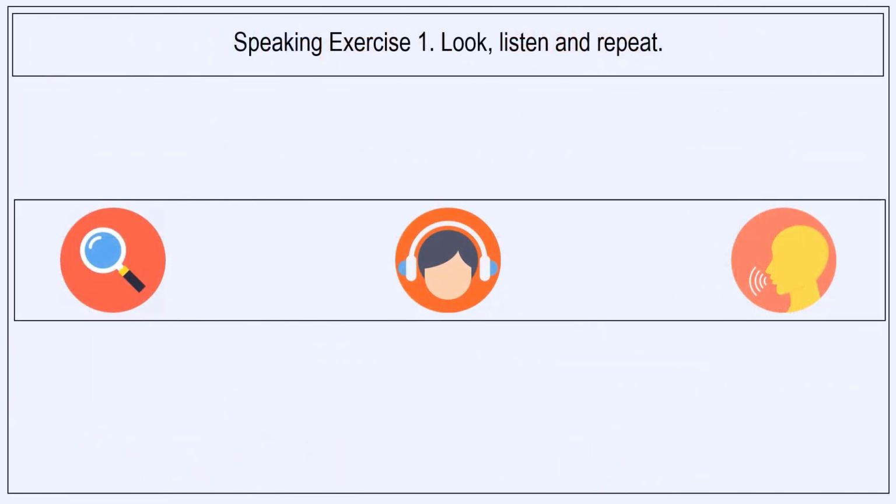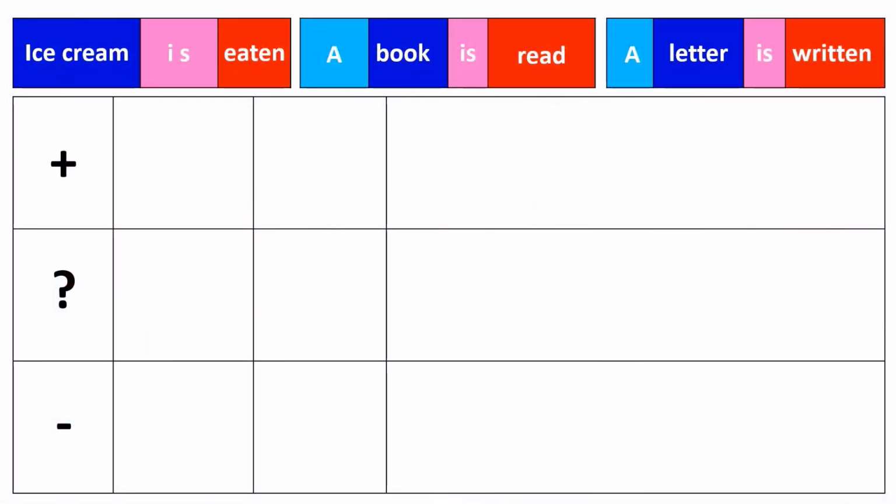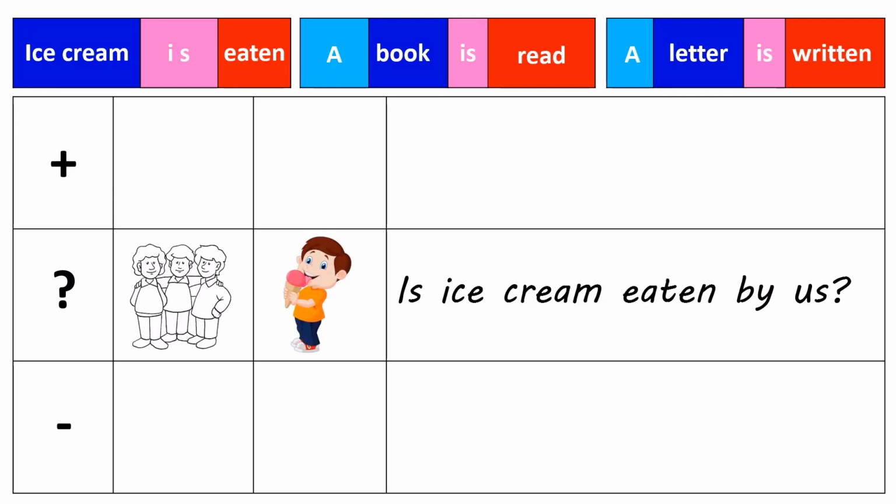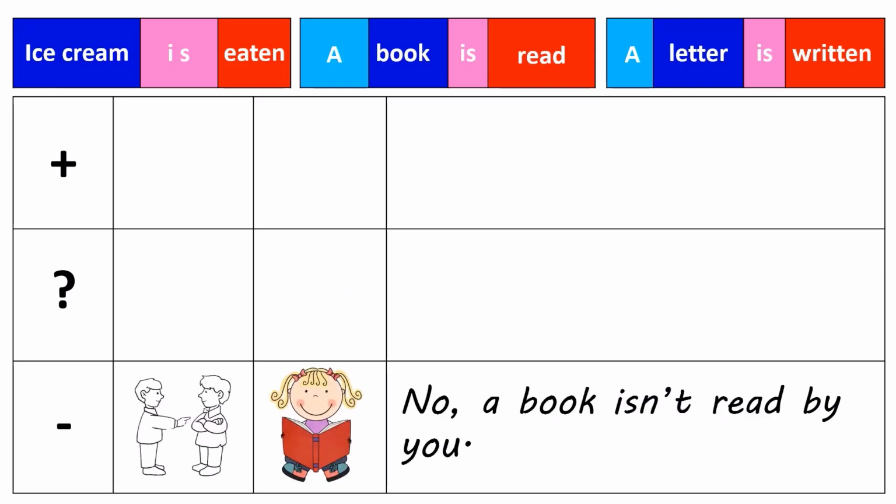Speaking exercise 1. Look, listen, and repeat. Ice cream is eaten by me. Is ice cream eaten by us? No, a book isn't read by you.